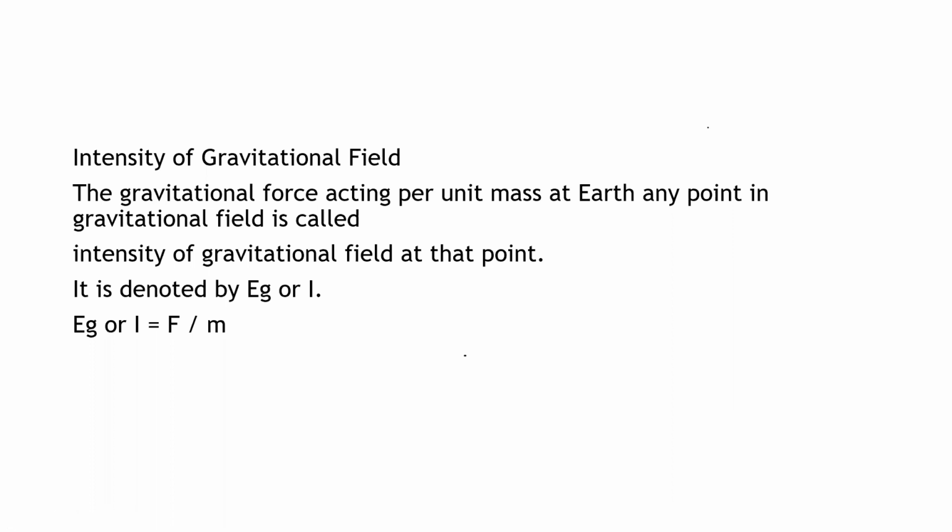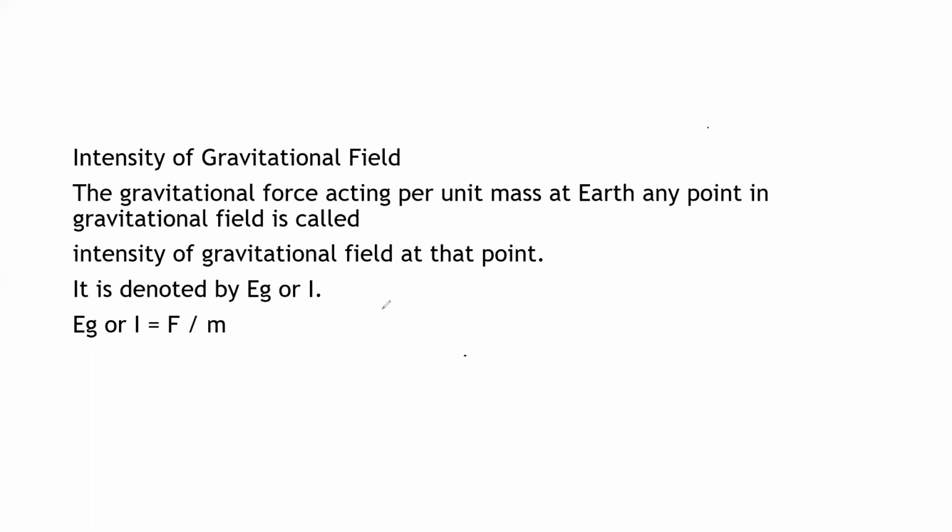The next is intensity of gravitational field. The gravitational force acting per unit mass at any point in the gravitational field is called the intensity of gravitational field at that point. In simple words, the intensity of gravitational field is the ratio of force and mass.